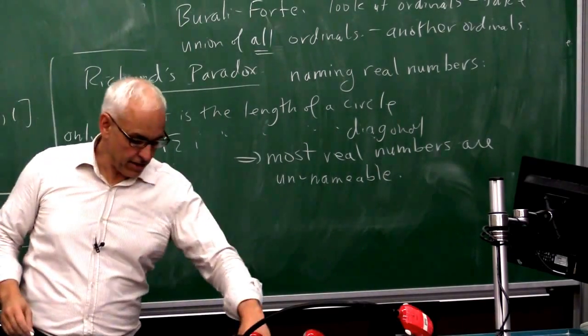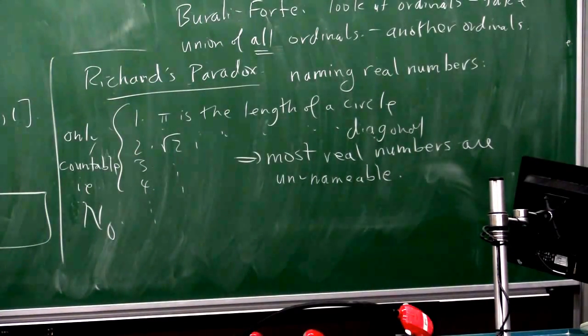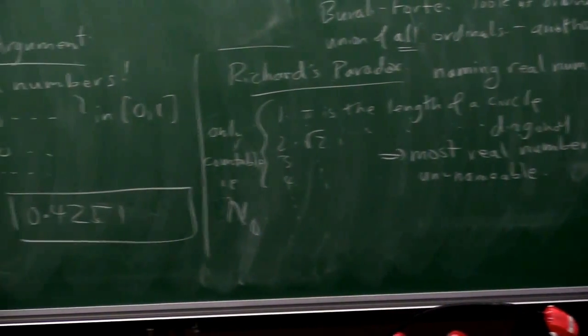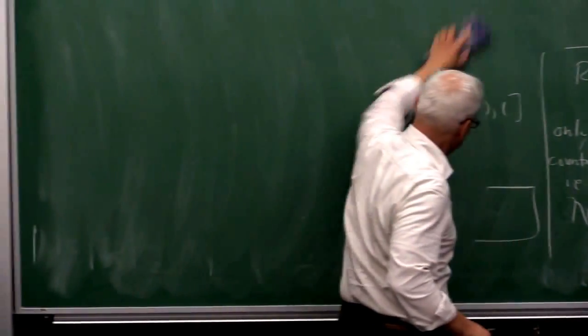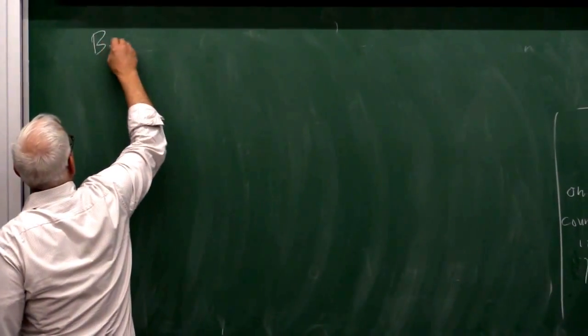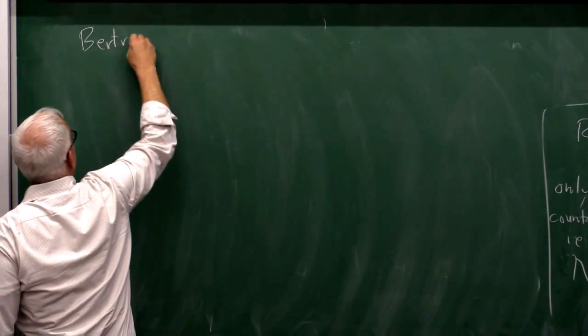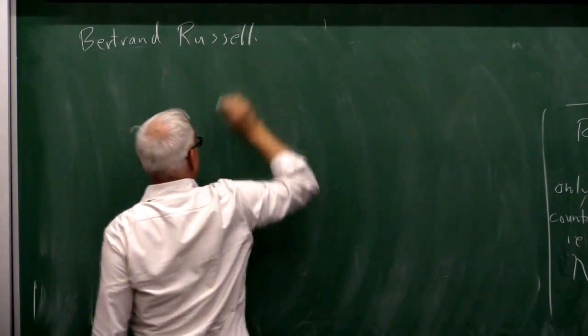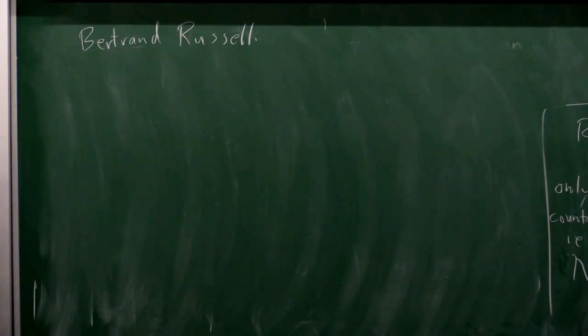Okay, but that wasn't the worst paradox. The worst paradox was discovered by Bertrand Russell, who was a prominent mathematician and English philosopher.